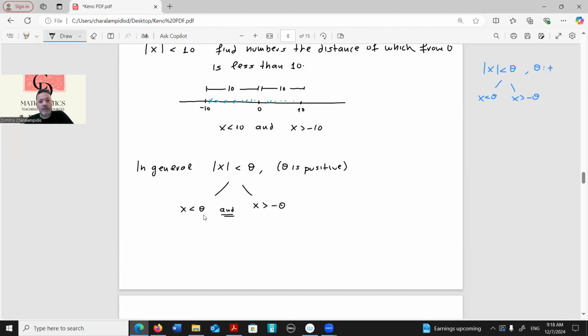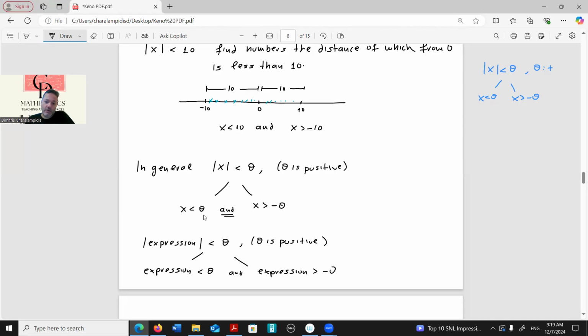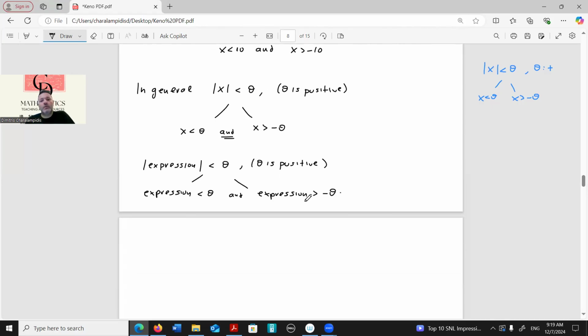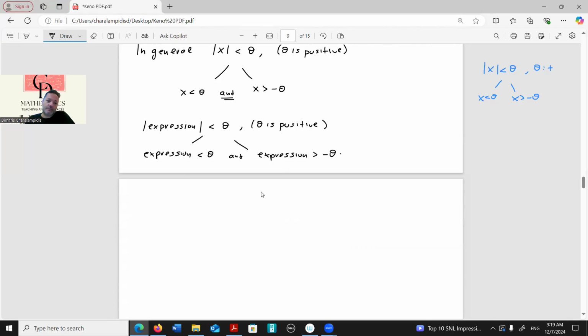So in general, absolute value of an expression is smaller than a number theta, where theta is positive, would mean that this expression is less than theta, and this expression is greater than negative theta. Let's work out some examples together.